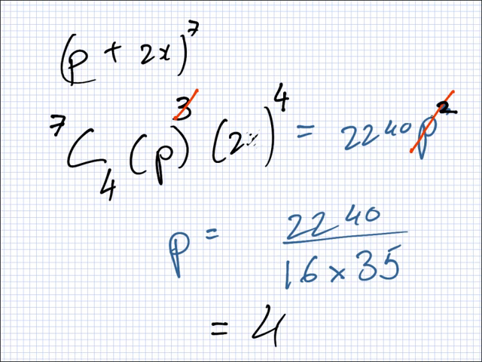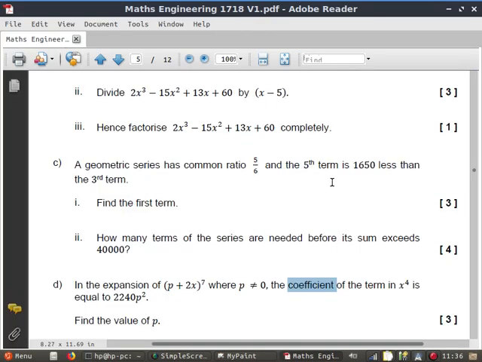Why is p 4? No, because these two must make 7. So the reason is because it says the coefficient of x^4, so the 4 must be on the x part.